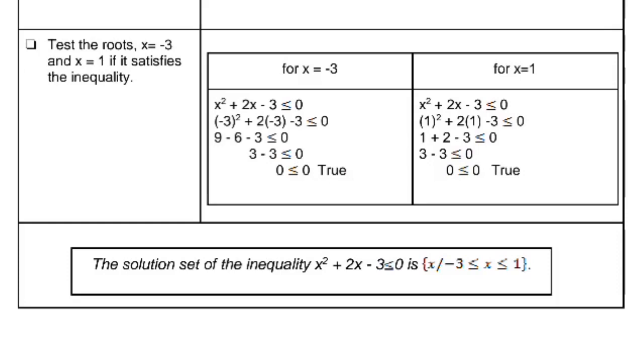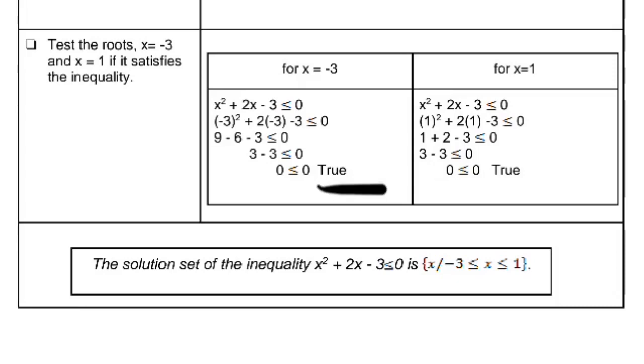And if we're going to test the roots that we have solved, x equals negative 3 and x equals 1. For x equals negative 3, this will be negative 3 squared, 9. 2 times negative 3 is negative 6, so 9 minus 6, minus 3. So 3 minus 3 is 0, lesser than or equal to 0. So 0 is equal to 0, so this is true.